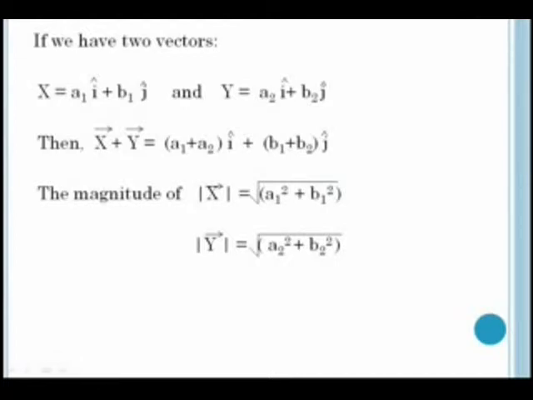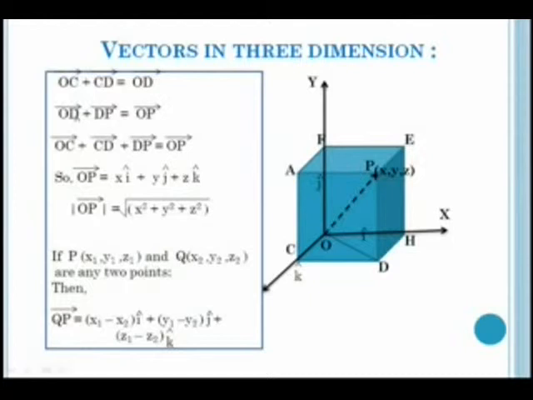Thus simply what we have done is we have added the coefficients of i cap and added the coefficients of j cap. So x plus y would be equal to (a1 plus a2) times i cap plus (b1 plus b2) times j cap. Now the magnitude of this vector is the square root of a1 squared plus b1 squared, and similarly the magnitude of this vector is the square root of a2 squared plus b2 squared.